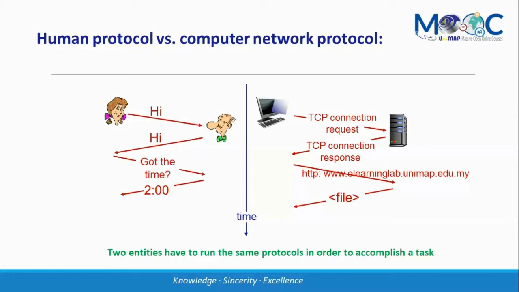Then the recipient will respond with the acknowledgement of whether the connection can be established. Upon receiving the acknowledgement, the sender will send the address of the requested page. The server will then respond by giving the corresponding file or page.